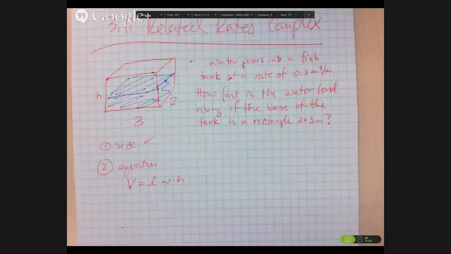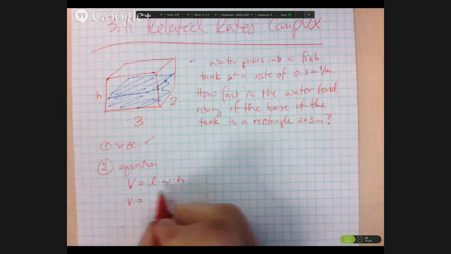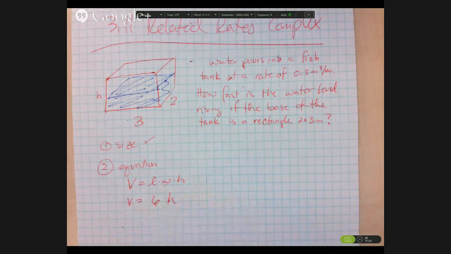Okay, what does not change in that problem? Is the height of the water changing? Okay, is the length or the width of the tank changing? No, okay, we can plug those in now. Length times width is 6H. 6, yep. Okay, they're not changing at all, so we can plug them in right now.